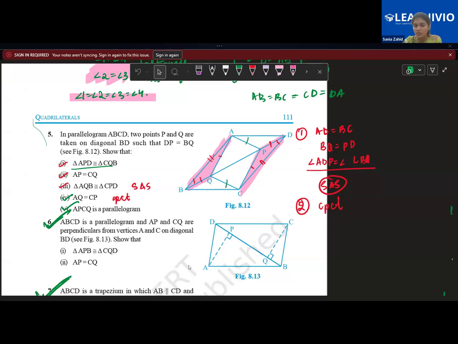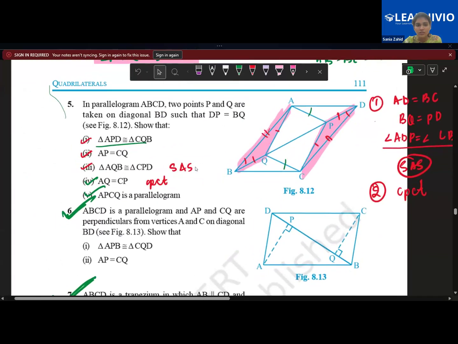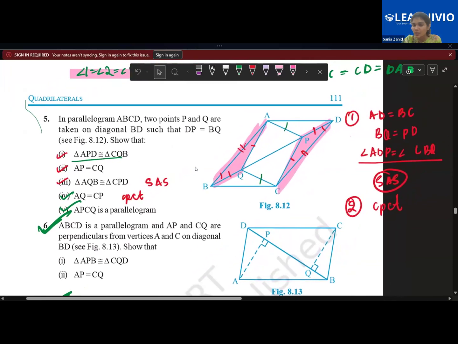Which part do you have a doubt in? The first, the third, and the last one. So the first one is: triangle APD is congruent to triangle CQB, right?